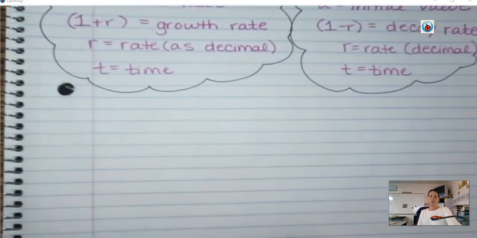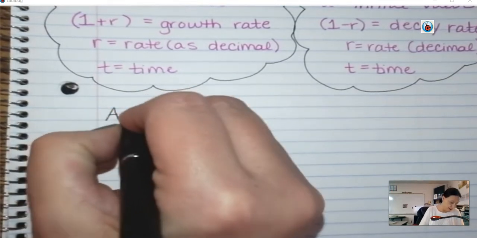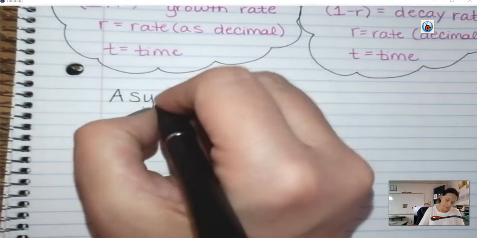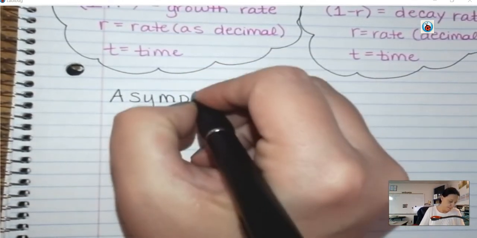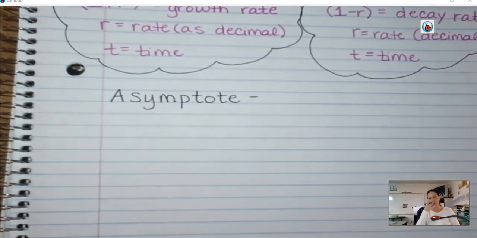And then the other vocabulary word is asymptote. The way you spell that is A-S-Y-M-P-T-O-T-E. Asymptote.